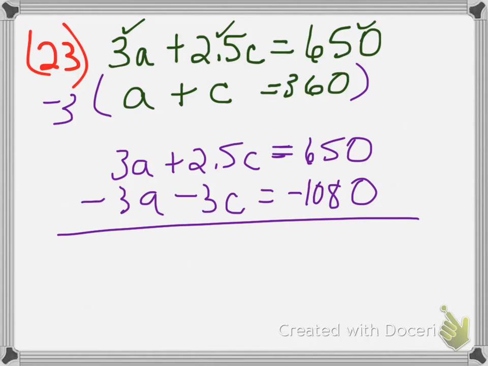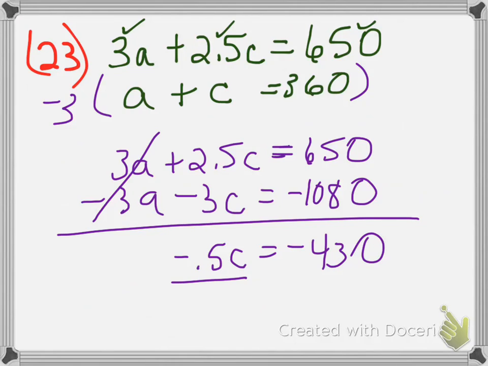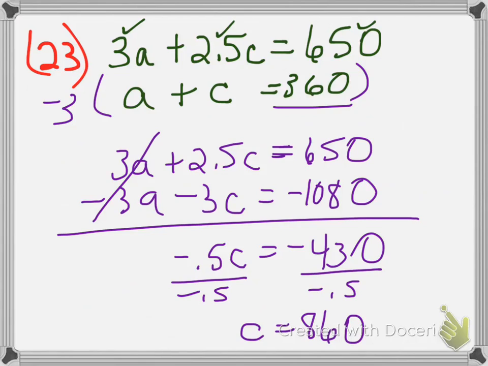And so that makes my a's cancel, and I have negative 0.5c equals negative 430. If I divide by negative 0.5 on both sides, I get c is going to be 860, which doesn't make any sense because we can't sell 860 child tickets and have 360 tickets total.